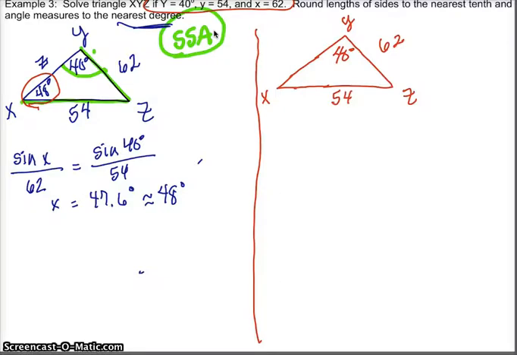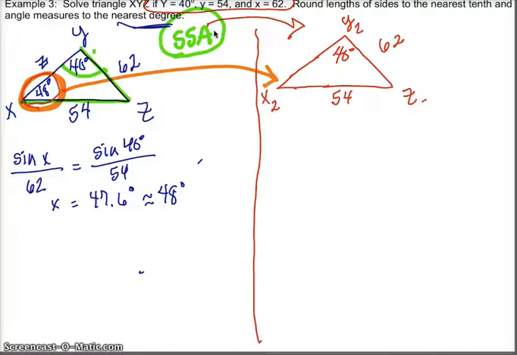Recall from the very first example, the relationship that gets us from triangle 1 to triangle 2 is that the first angle that we're able to solve for is supplementary to its corresponding angle in the second triangle. So I'm going to give subscripts: x sub 2, y sub 2, z sub 2, x sub 1, y sub 1, z sub 1. That helps me keep the two triangles separate.